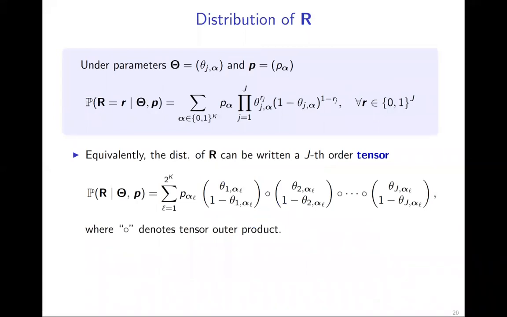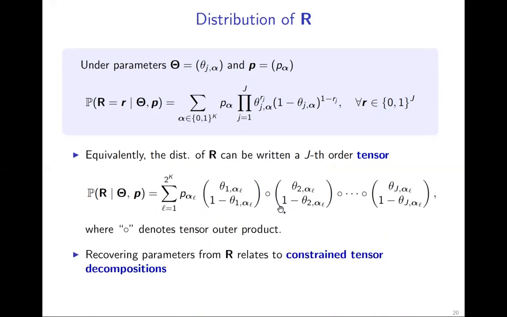Equivalently, this distribution of R can also be written as a J-th order tensor, with this notation corresponding to a tensor outer product. And recovering parameters from the observations R is actually a problem of constrained tensor decomposition. Constrained because we have the Q matrix constraining the model parameters.